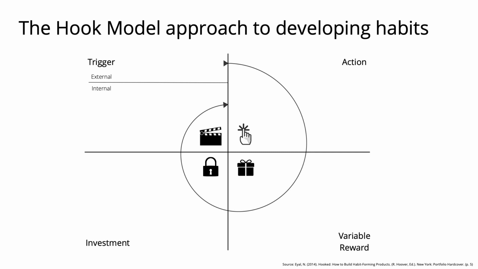Once you've got the variable reward, the next phase is the bottom left, and this is where you actually make an investment. So you do something that will hopefully lead to some reward later. So you invest something, and then hopefully that investment leads to an internal trigger, which then completes the process again.